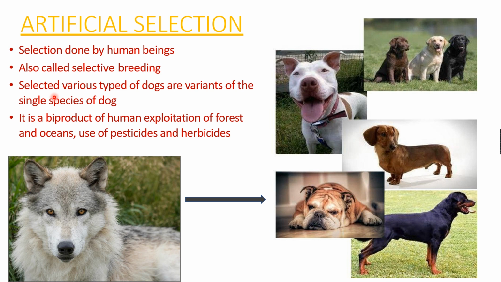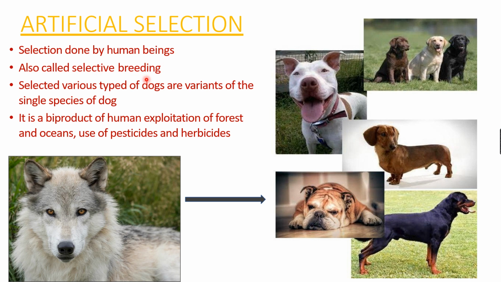The next one we'll see is artificial selection. This artificial selection is mainly a byproduct of human exploitation, of forests, oceans, fisheries, using a number of pesticides and herbicides. So in human exploitation, the selection is done by human beings. We are selecting artificially. Who is selecting? Selection done by human beings.